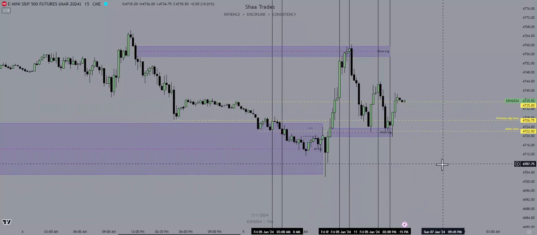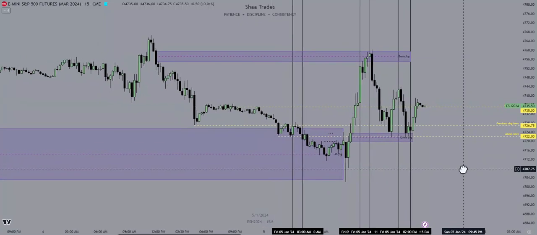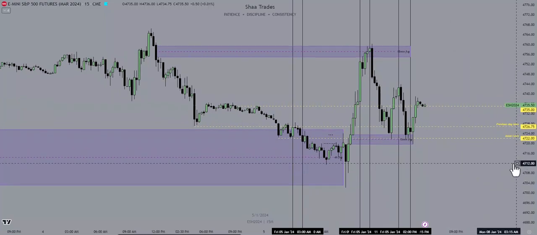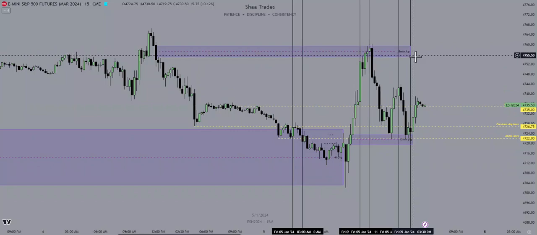All right. So I went ahead and marked up a few things that I'm interested in. Right here you can see a 4-hour fair value gap, and I have some 15-minute fair value gaps here.